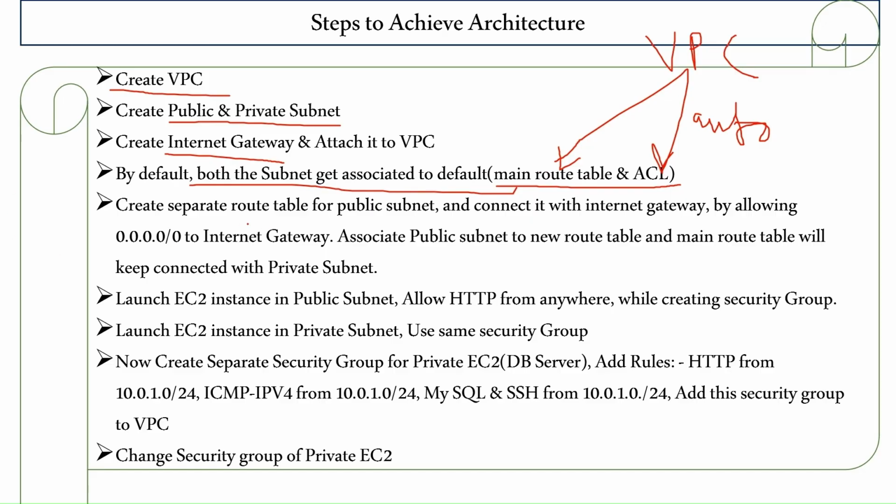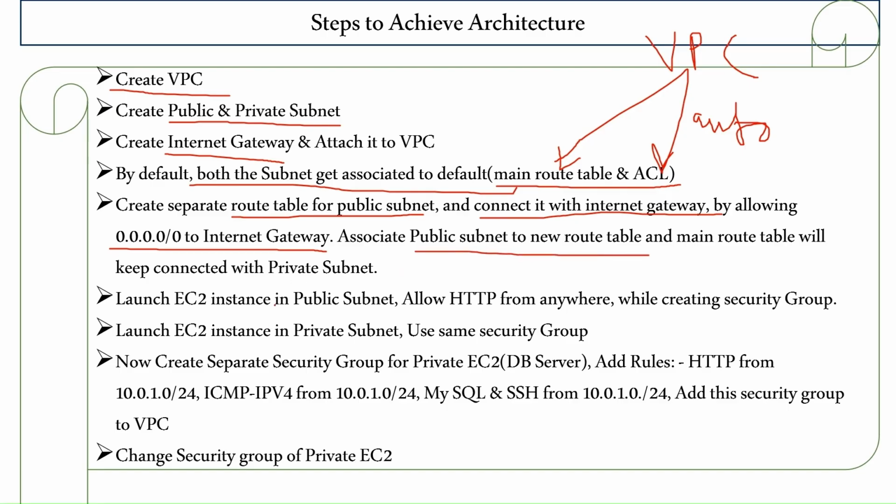To create a separate route table for the public subnet, we have to connect it with the internet gateway. So we will add a rule in the new route table that we create, so that all the IPs can access and connect to the internet, and we will associate our public subnet to this route table.